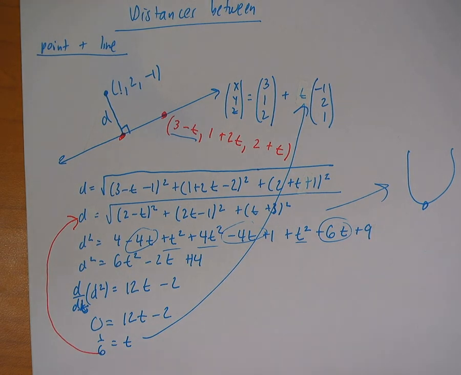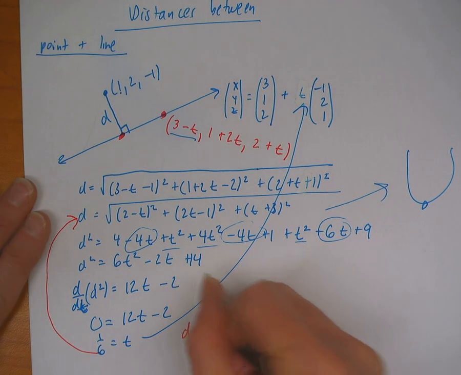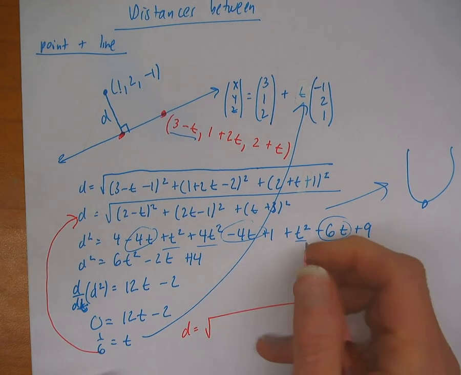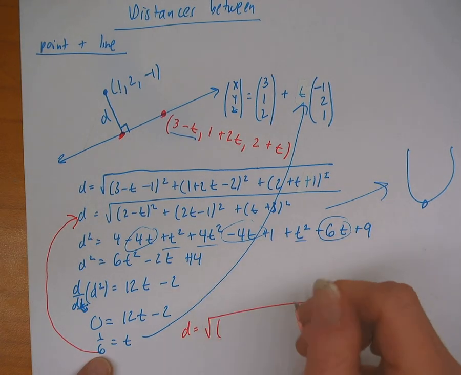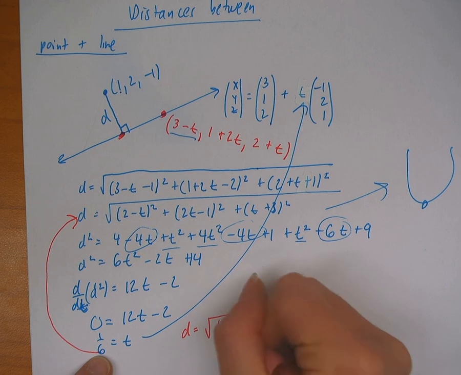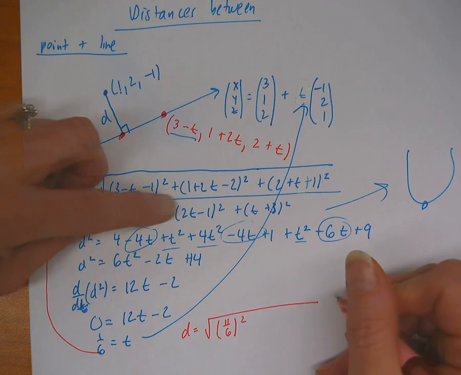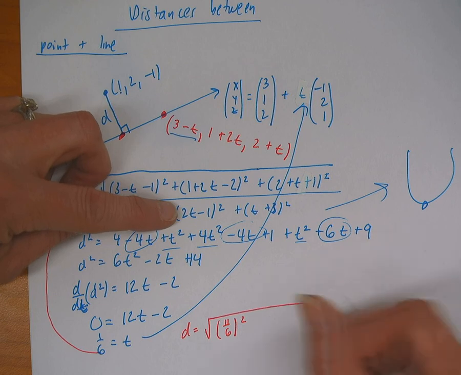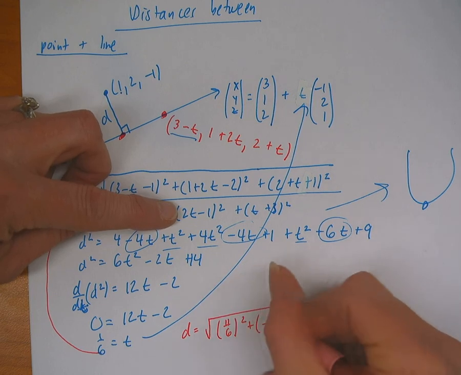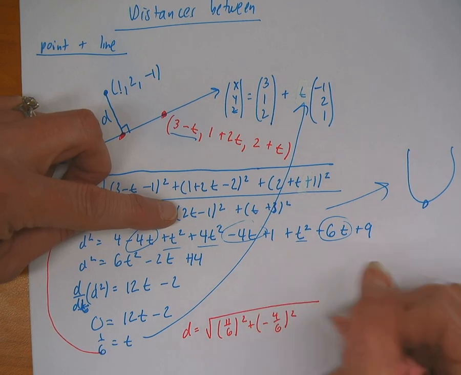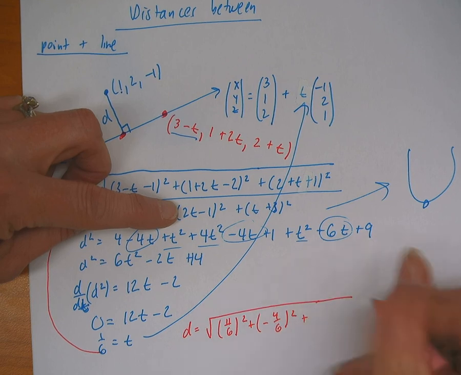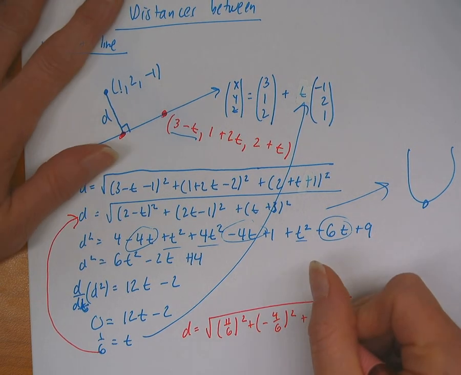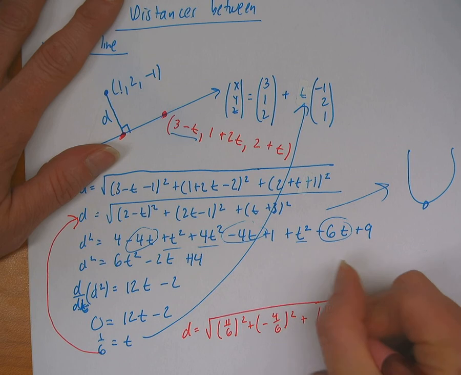So if I plug my 1/6 back in there, I will get the distance. So 2 minus 1/6 is 11/6. Here I'll have 2/6 minus 1, so that'll be negative 4/6. And here I'll have 1/6 plus 3, so 19/6.